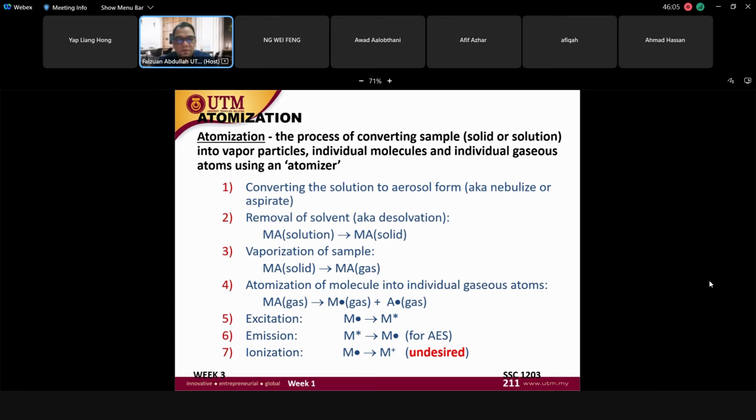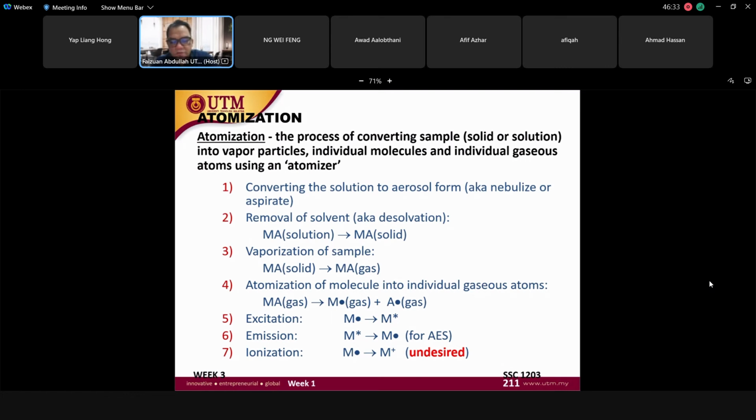When it turns into vapor particles, the individual molecules and individual gas atoms will be atomized using the atomizer. The process in the atomizer is converting the solution into aerosol and removing all solvent. Then from solution it turns into solid, vaporization happens from solid into gas, and atomization of molecules into individual gas atoms.